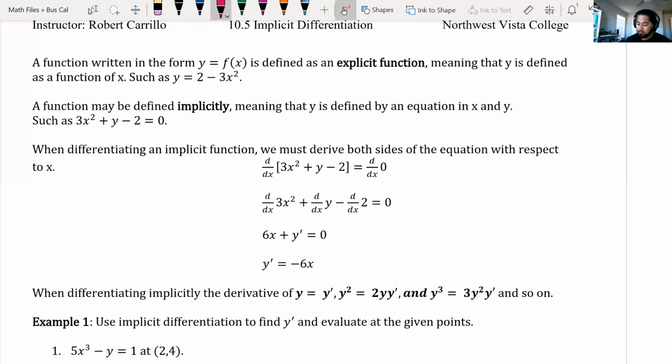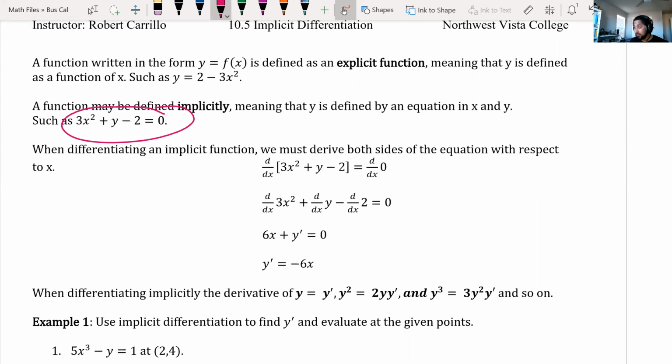So now we have something called implicit functions, where the function or the equation is implicitly defined in terms of y and x, meaning that you don't have y equals anymore. So the implicit equation would look like this: 3x squared plus y minus 2, where x and y are on the same side.